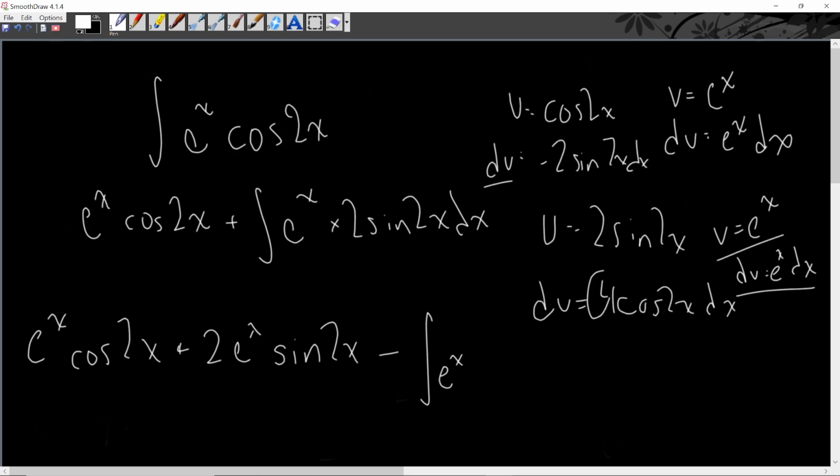I'm going to bring that 4 right out using our constant rule. If we multiply this and this, we should be able to bring out that 4 because this will all be in the same term. e to the power of x cosine 2x dx.